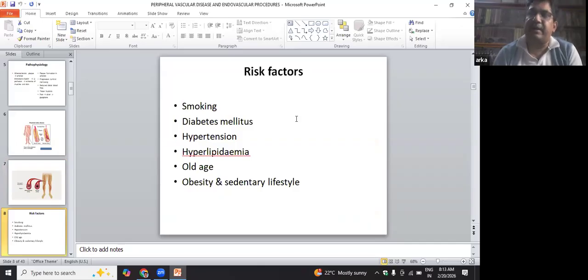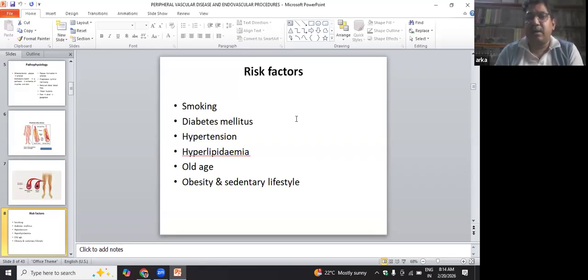For all peripheral arterial diseases, these are the common risk factors, though there are differences in age between thromboangiitis obliterans and atherosclerotic disease. Number one is smoking, then diabetes mellitus, hypertension, hyperlipidemia, old age, obesity, and sedentary lifestyle.